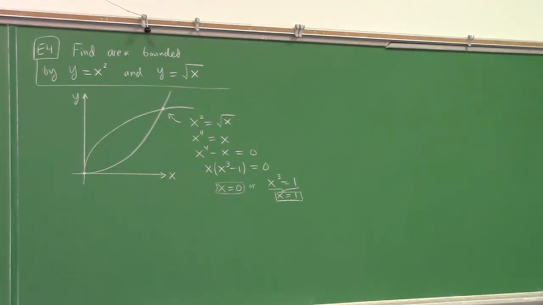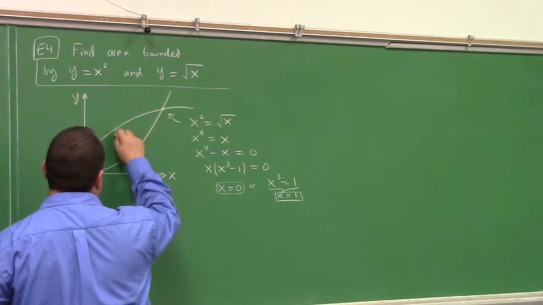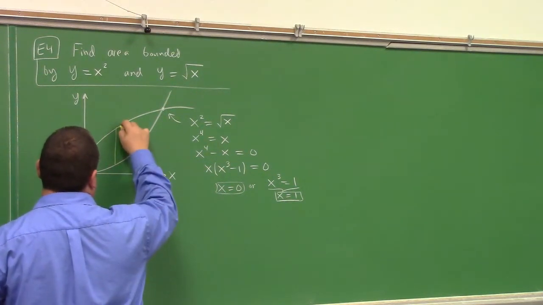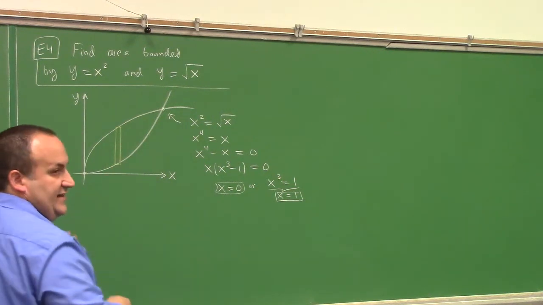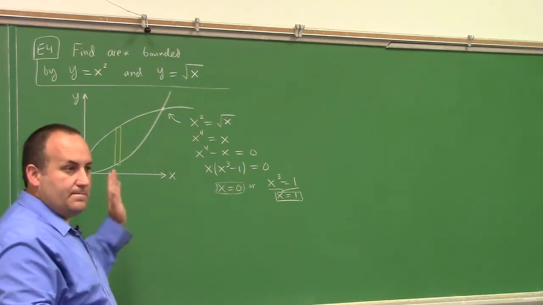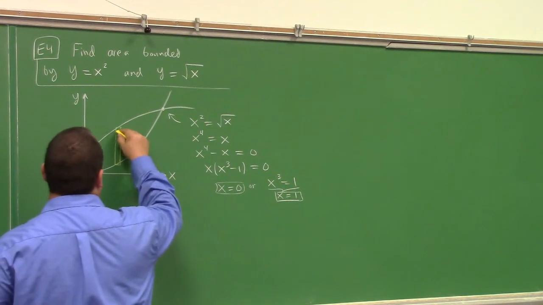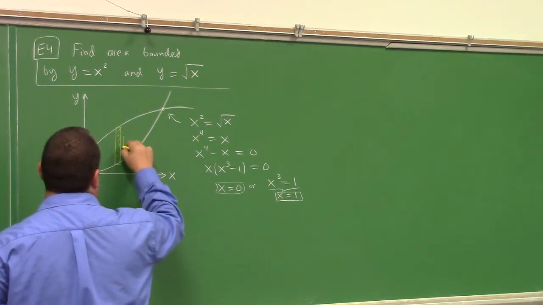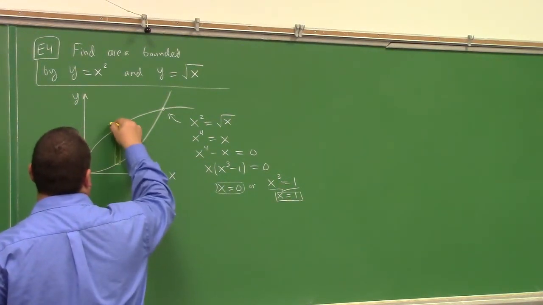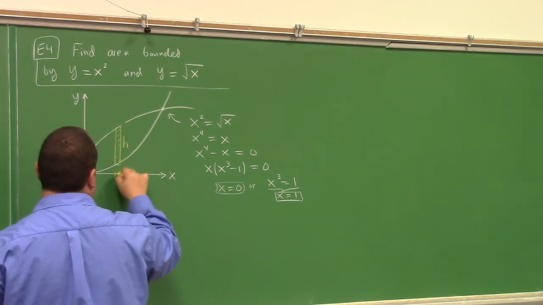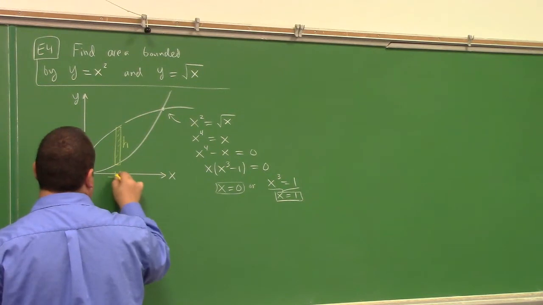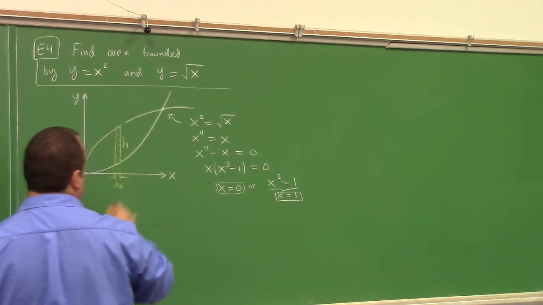All right. Now, to calculate that area, I say, draw a typical approximating rectangle. Like here. I'm going to draw a vertical rectangle because it's just natural to slice this vertically, right? I'll call the height of it h, and the thickness here will be dx, right?